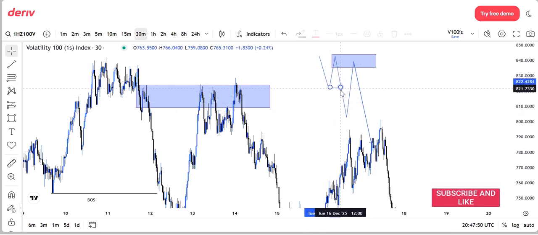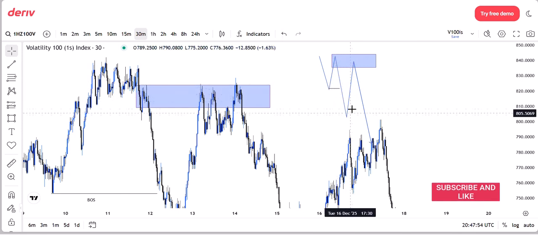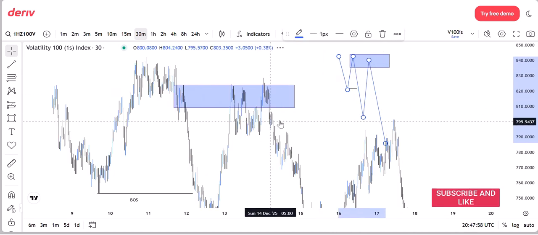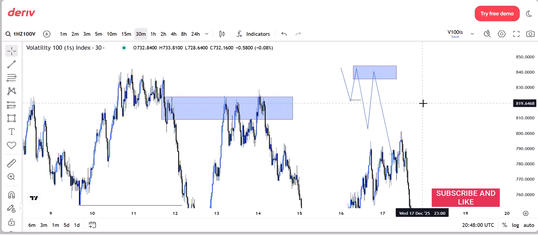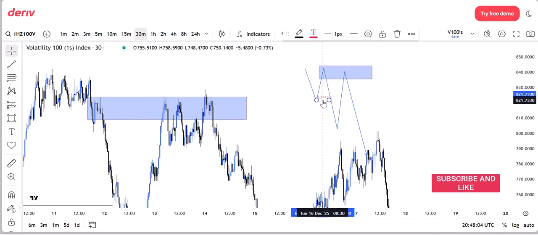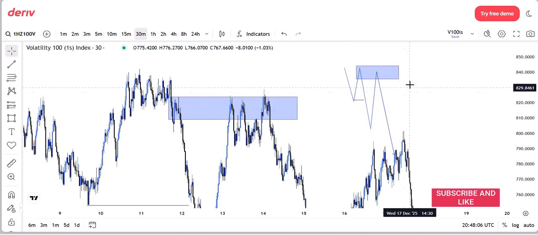That's a break of structure in the lower time frame. So: break of structure, price taps into the zone that caused the break of structure, and then it sells. It's the same thing we saw in the higher time frame, and the same thing we look for in the lower time frame for entries. This is the model we are looking for.